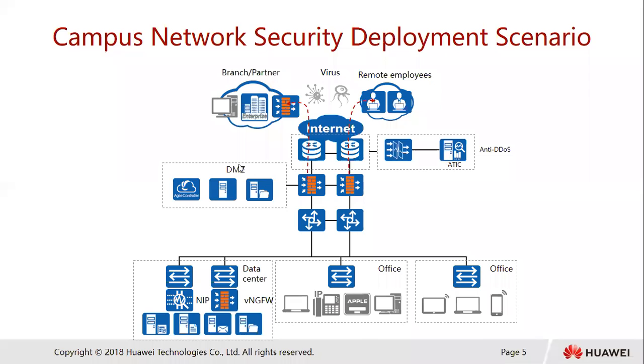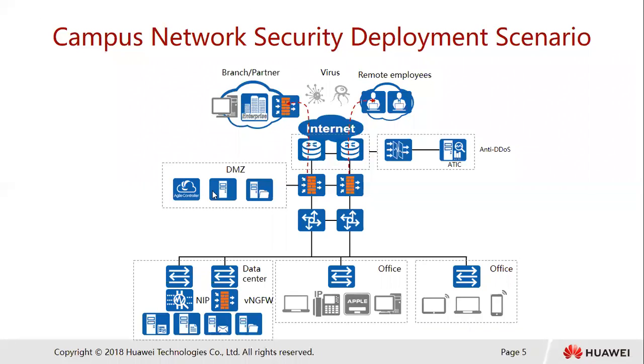Okay, and then here, what you see is the DMZ. This is the demilitarized zone, DMZ. So what do we put in the DMZ? In the DMZ, this is where we can put the servers, and we want members of the public to have access to these servers.